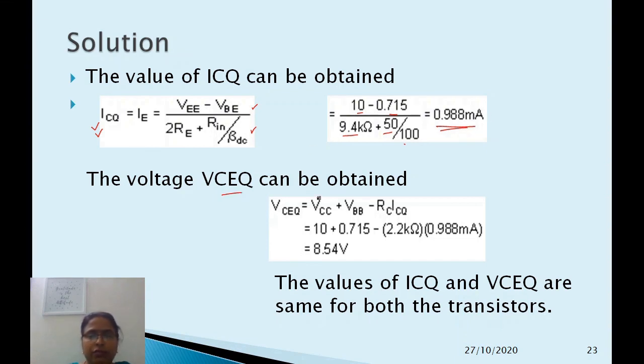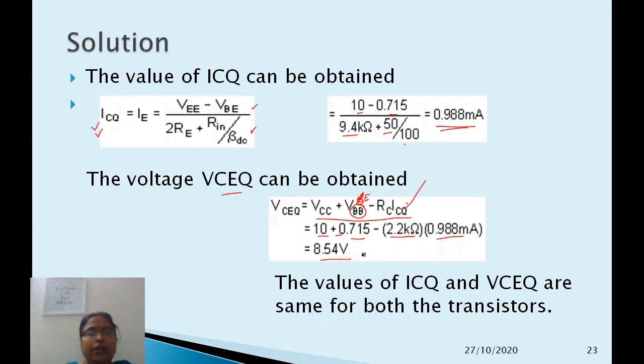Similarly, VCQ can be obtained by putting the values in this equation. This is equal to VCC minus RC times ICQ plus VBE. So this is 10 plus 0.715 minus 2.2 times 0.988, and solving this comes out to be 8.54 volts.